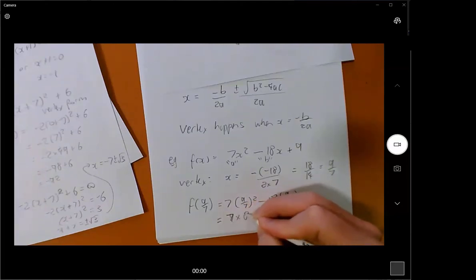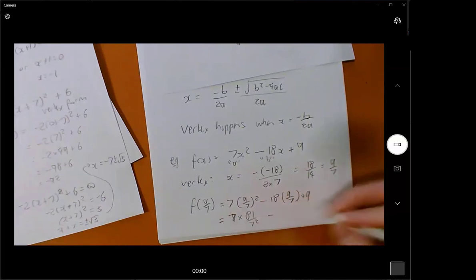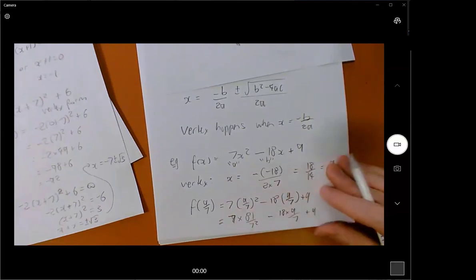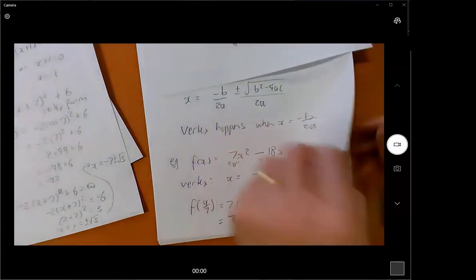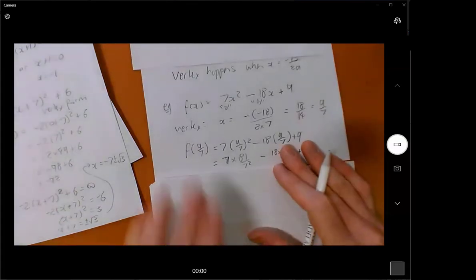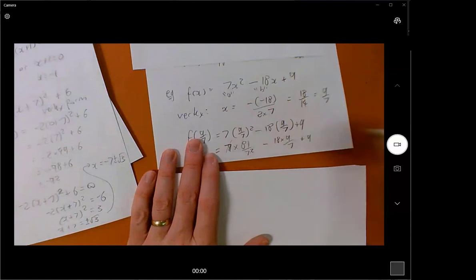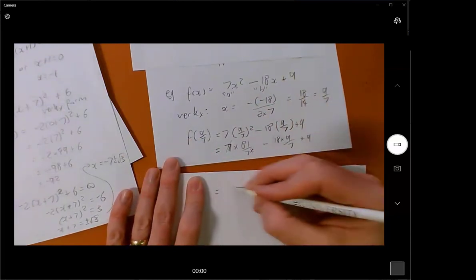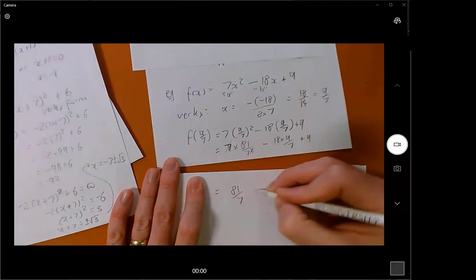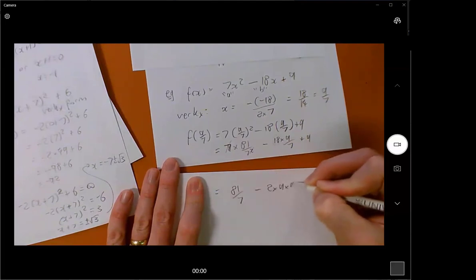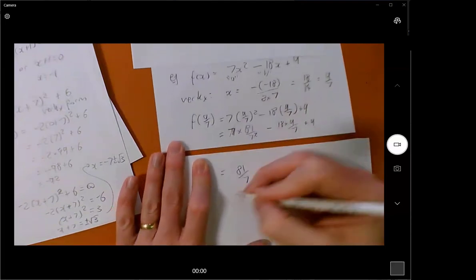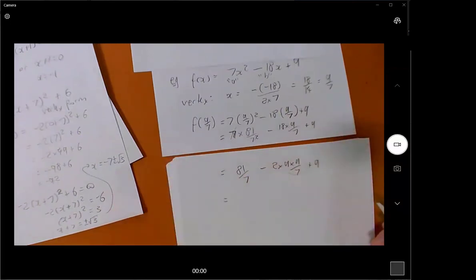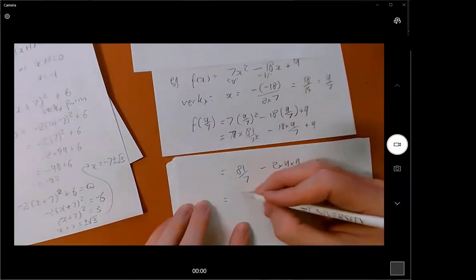7 times 81 on 7 squared minus 18 times 9 on 7 plus 9. Oh, yay! That's fun. Look, that 7 cancels with one of the ones in the square. And the 18 is 2 times 9. Which is 81 on 7.